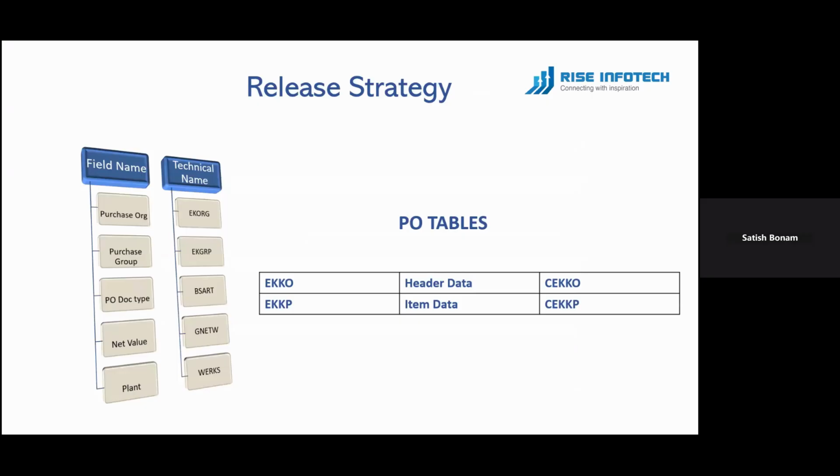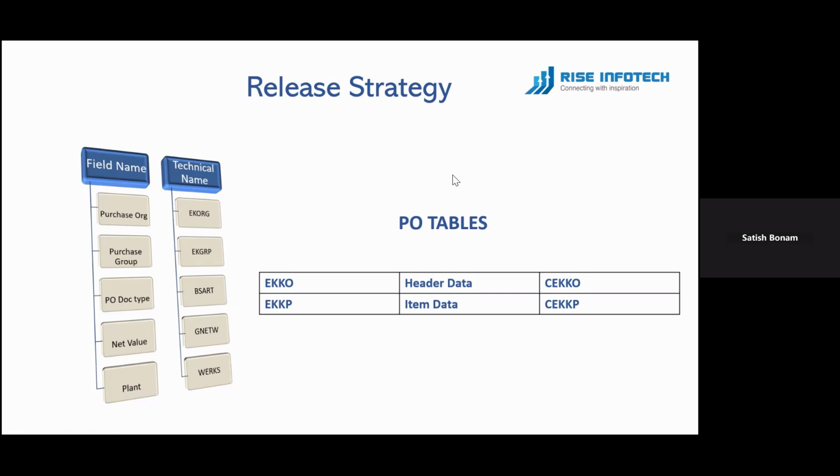In release strategy, these are the field names and technical names: purchase organization EKORG, purchase group EKGRP, purchase order document type BSART, net value GNETW, and plant WERKS.